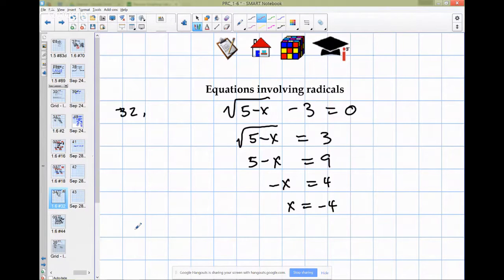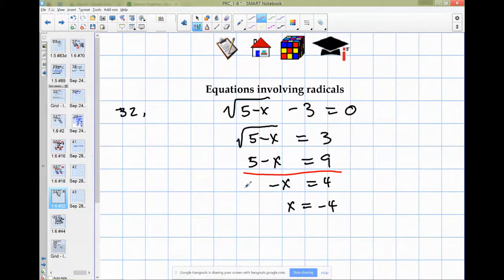Once you've arrived at the root being all by itself on one side, square both sides. Because what happens when you square a square root? The root goes away, right? And so, look, we just uncovered x. Now we can just use good old what?